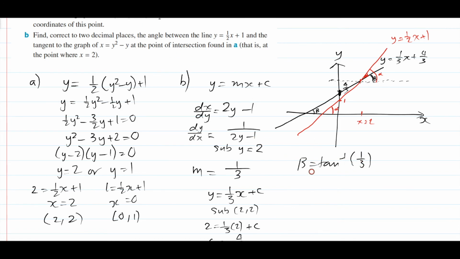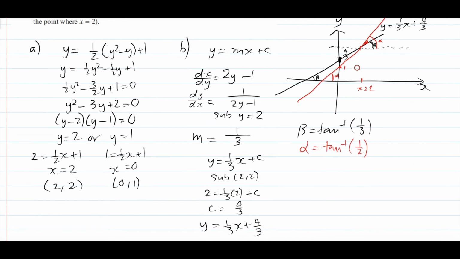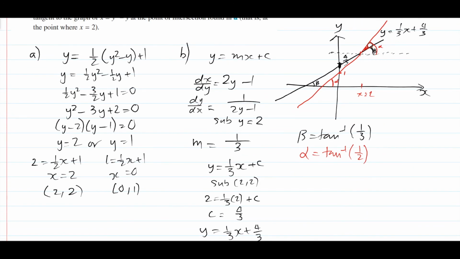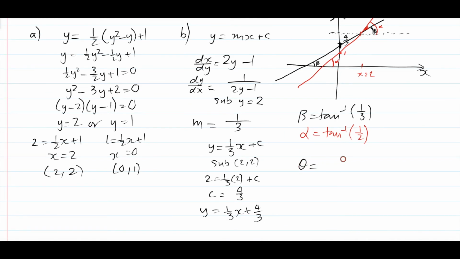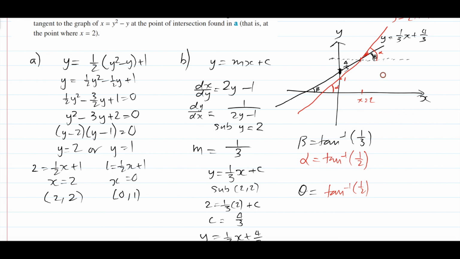And if you want to find alpha, it's the same thing. That is tan inverse of the gradient of the line, okay? So in this case, that's half. And then if you want to find the angle between, which one's bigger? Alpha is bigger than beta. So the angle in between, I'll call it theta. Theta equals tan inverse of half, so the alpha, the bigger angle, minus tan inverse of 1 on 3.